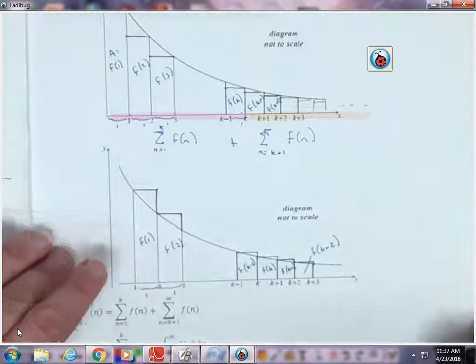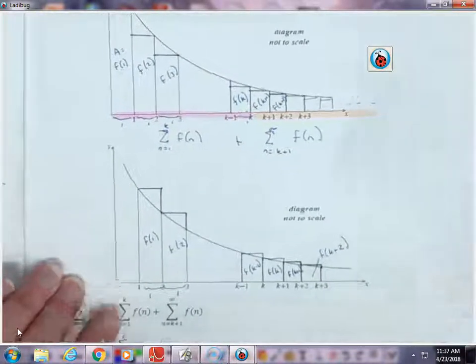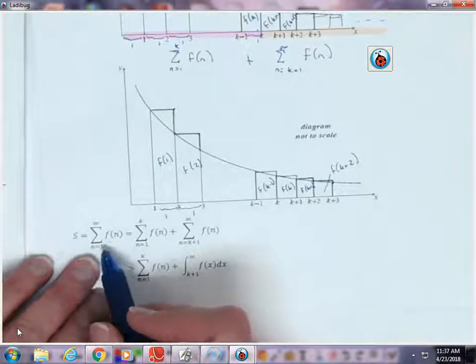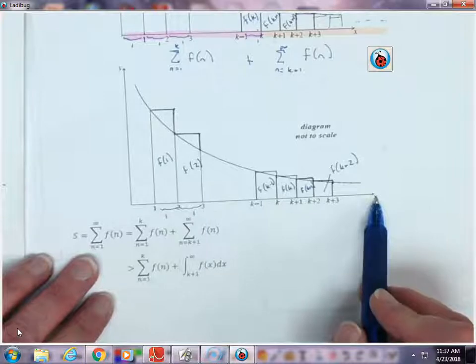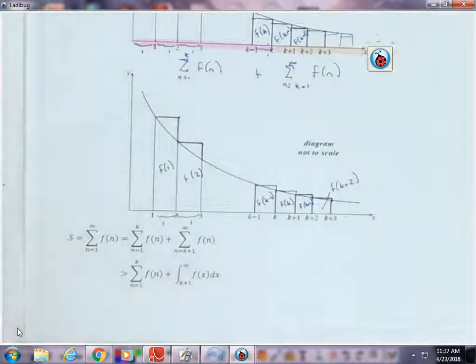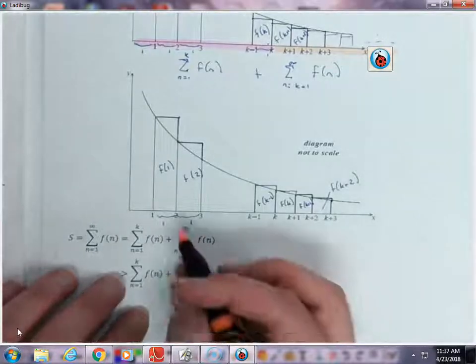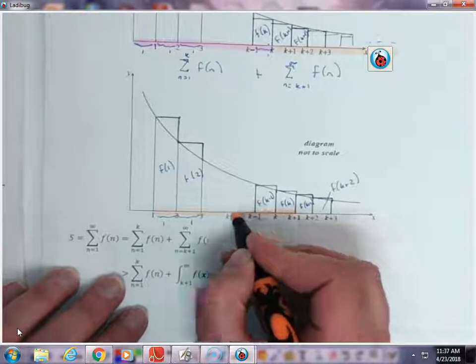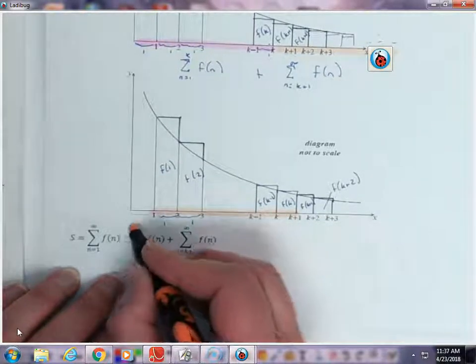We're doing the same idea here: my rectangles are representing my infinite sum, a sum from 1 to infinity. Now I'm going to divide it up and add up f of 1 through f of k, which goes to here. So that's this part.